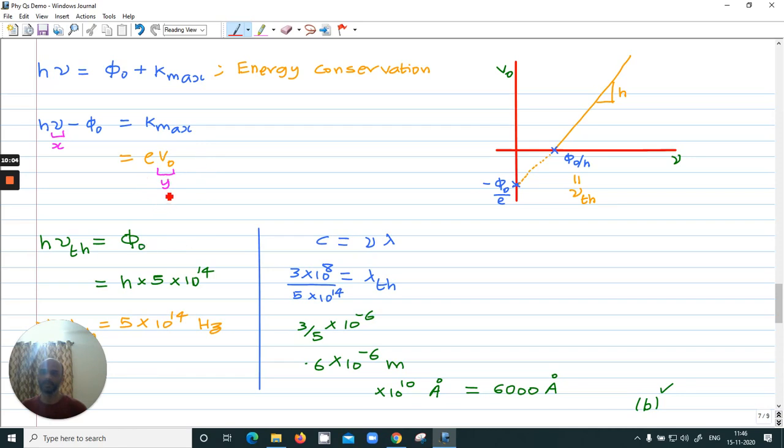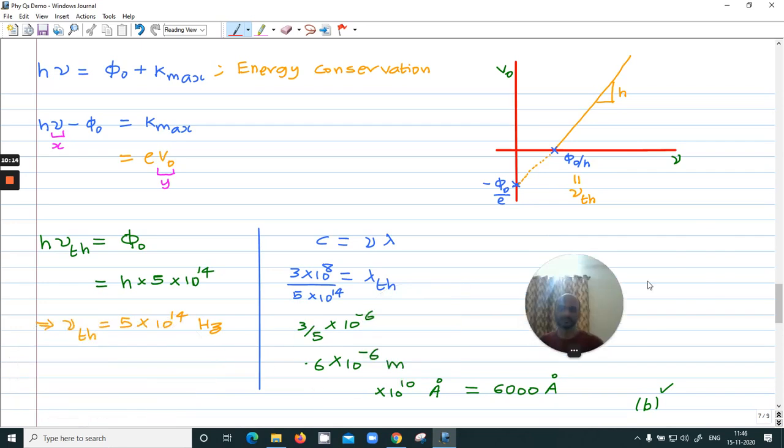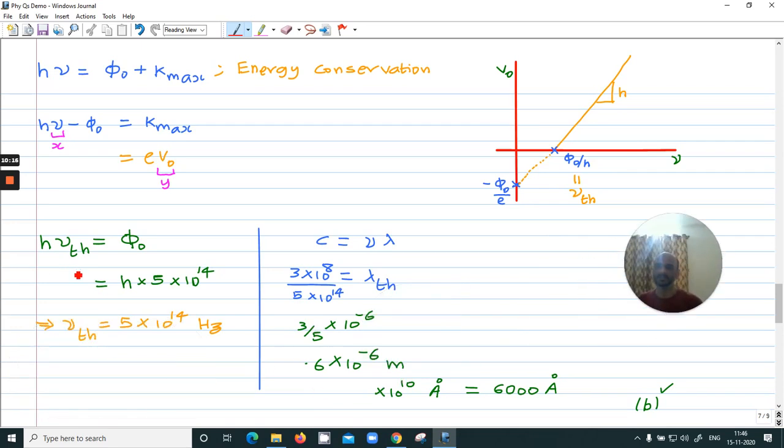So when we plot V naught on the y-axis and the frequency on the x-axis, the x-intercept will be phi naught by h, and threshold frequency is the minimum frequency of the photon which will eject the photoelectron from the metal surface. At the threshold frequency, the kinetic energy of the photoelectron will be 0.